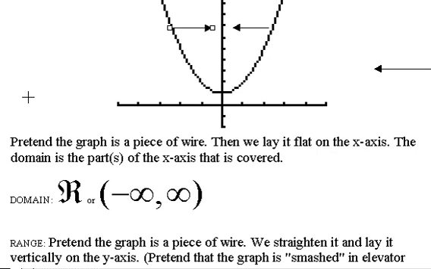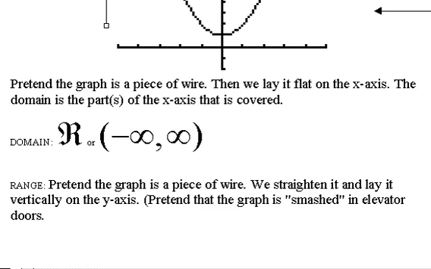So the range is going to be from this point up, from here up. Down here there's no graph, so there can't be any range values. So this value looks like 1. So the range is going to be from 1 to infinity in this example.